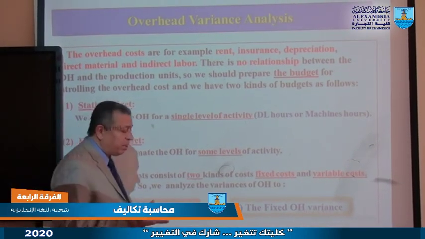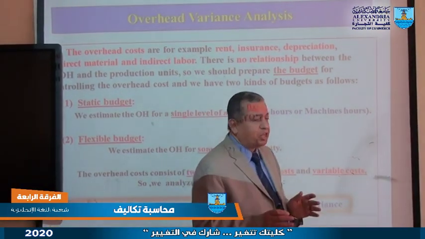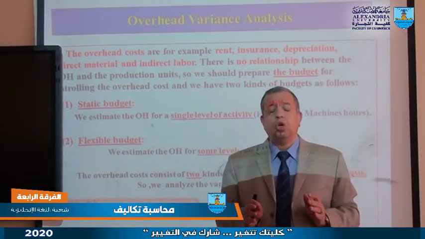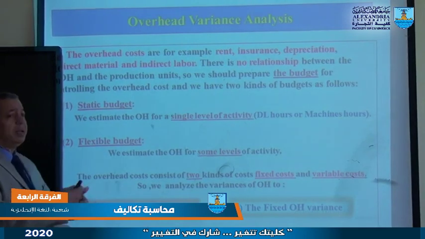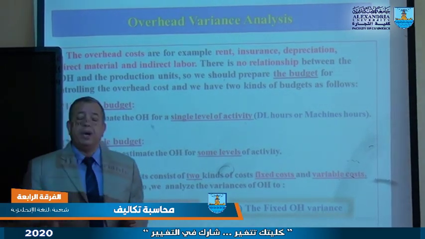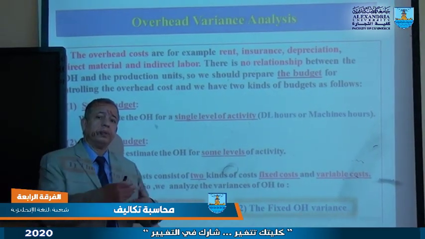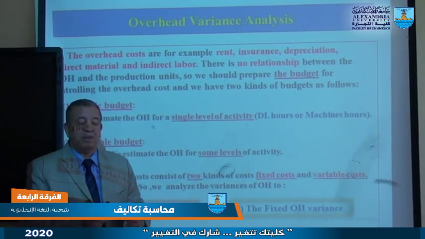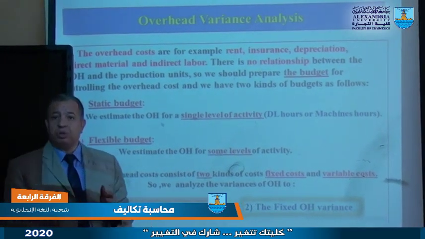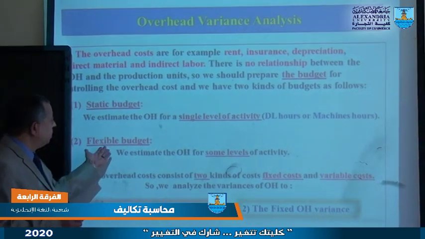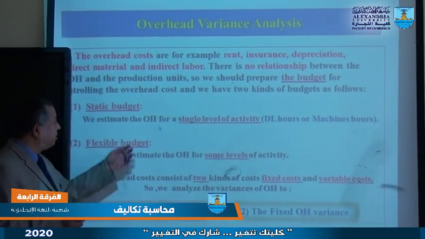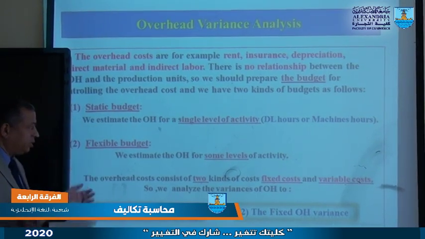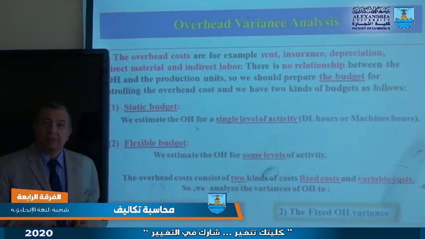When I speak about static budget, it means I estimate manufacturing overhead for only one level of activity. But with flexible, I will estimate my costs for many levels of activities. For controlling, a flexible budget is more beneficial than a static budget.